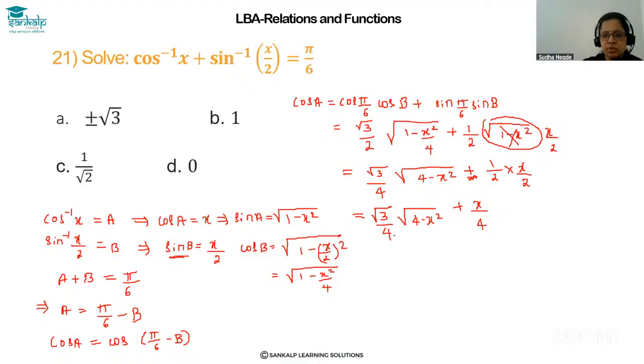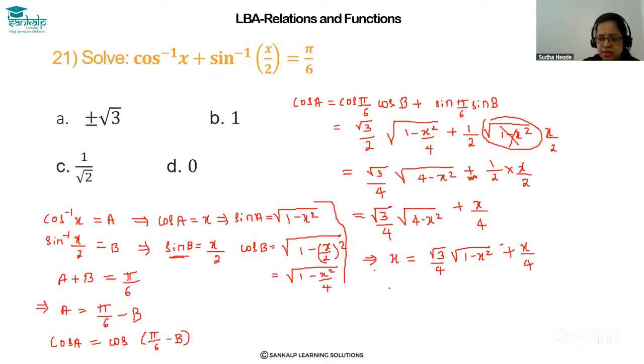Simplify further, multiplying both sides by 4. Here cos A is there. You know cos A already. What is cos A? It is x. So I am writing here: cos A is x, so x is equal to root 3 by 4 square root of 4 minus x square plus x by 4.